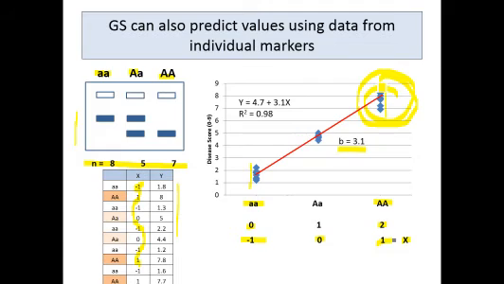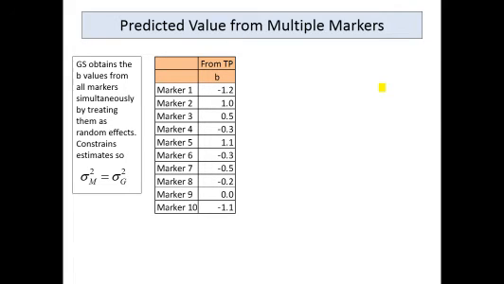So again, it's really looking at relationships, but this time based on one marker in this model. Well, we do this in genomic selection using all the markers in the genome. So through genomic selection, we actually obtain the slope of these regressions for all markers. We do this simultaneously by treating them all as random effects.